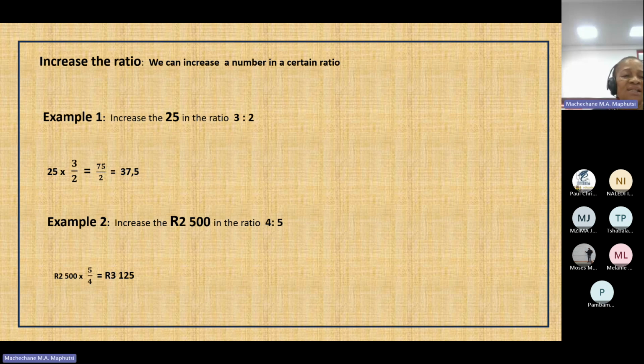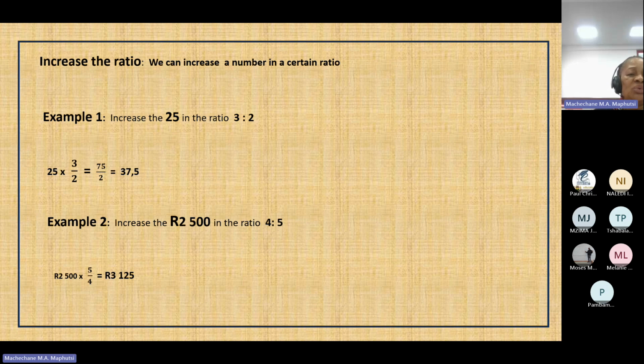I'm sure you can guess, because when we decrease, your numerator has to be smaller than your denominator. So what are we going to do now? Let's see. If we increase, then 25 has to be multiplied by a fraction, which is 3/2. In this case, because we are increasing, our numerator has to be bigger than our denominator.